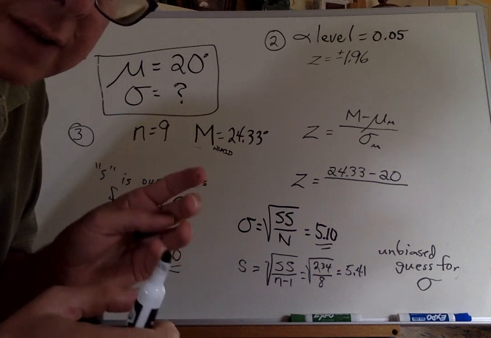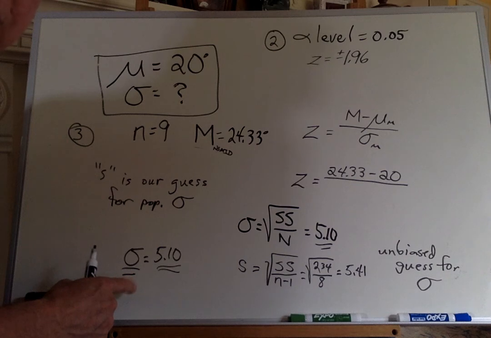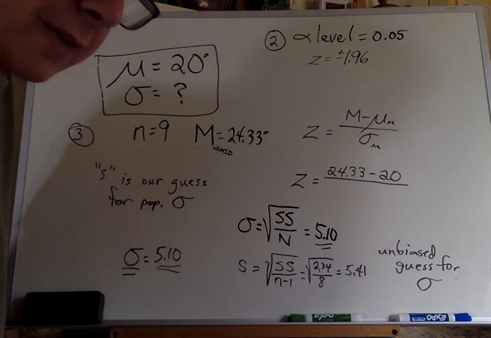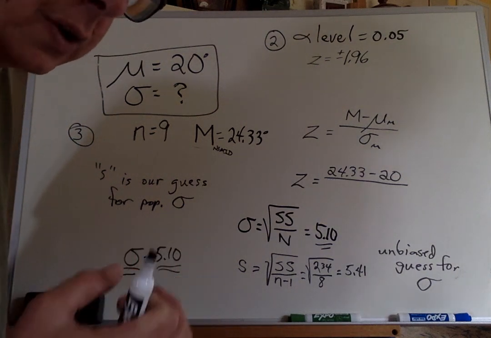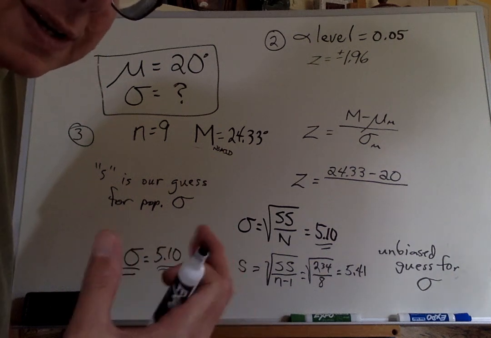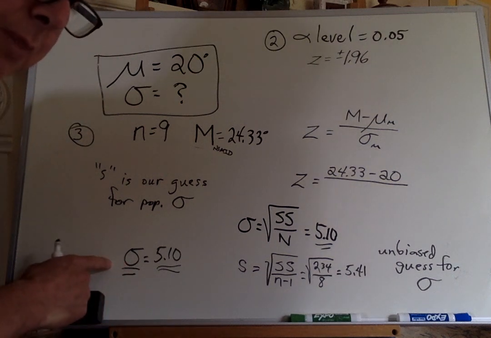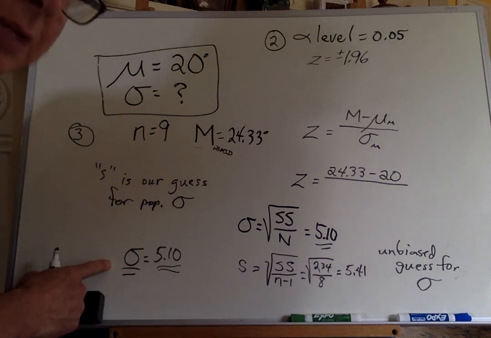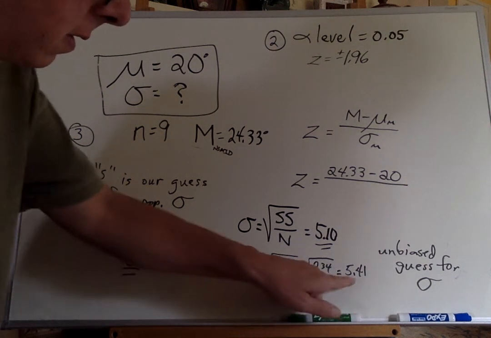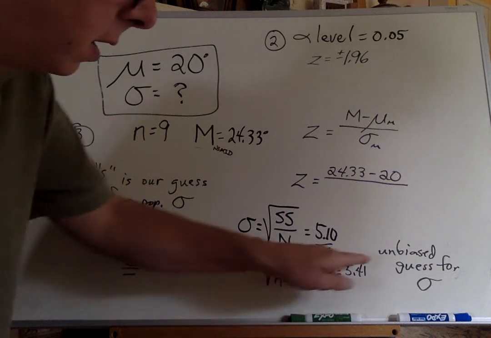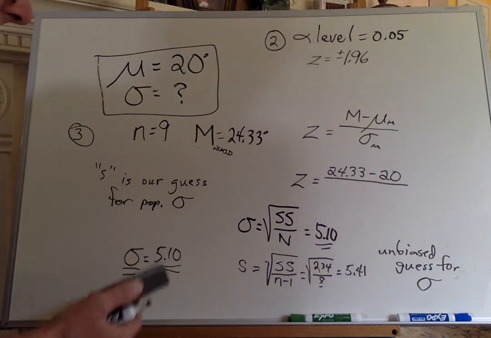Remember the arbitrariness of sample versus population. If I gave you an exam and I said, what's the standard deviation of those 9 numbers? This is your answer. But what we want to ask is, do those 9 numbers represent the population standard deviation? And the answer is no. This is a biased estimate. It tends to underestimate the population. And so we make this adjustment, make that number bigger by subtracting 1. This is called the unbiased estimate for sigma, our unbiased guess.